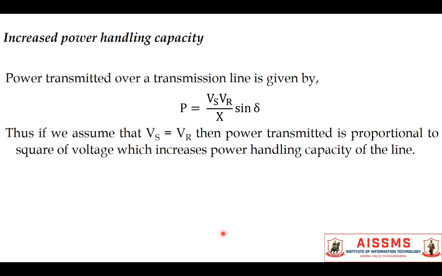If we assume that Vs equal to Vr, that is sending end voltage equal to receiving end voltage, where Vs stands for sending end voltage and Vr stands for receiving end voltage, then power transmitted is proportional to the square of the voltage. So if there is an increase in the voltage, the power handling capacity will be increased.